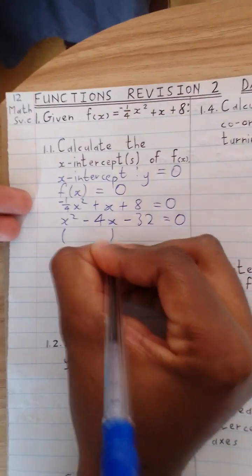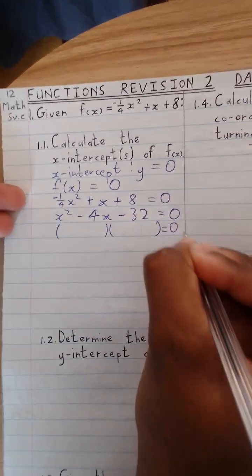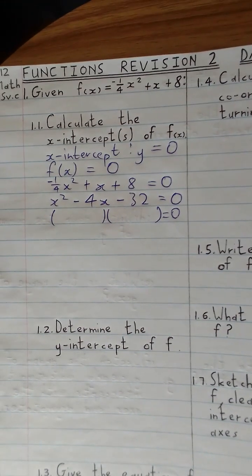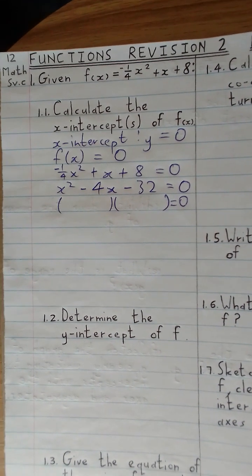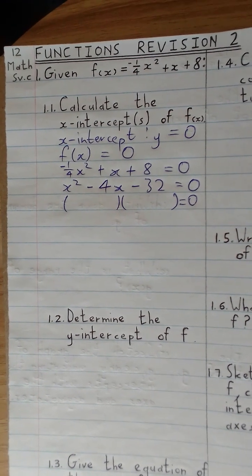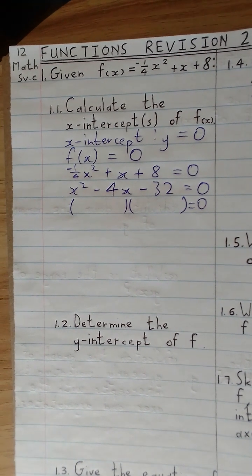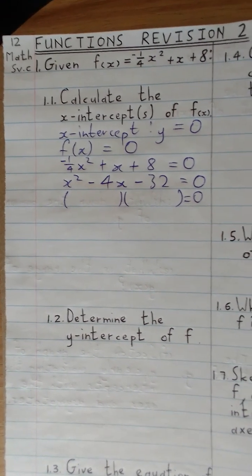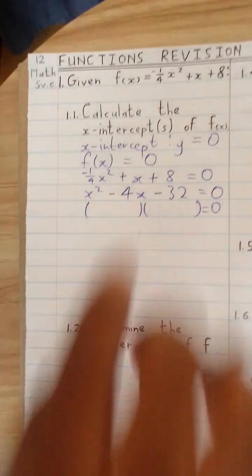So 32 is 32 times 1, 16 times 2, then it's 8 times 4. 8 minus 4 is 4.